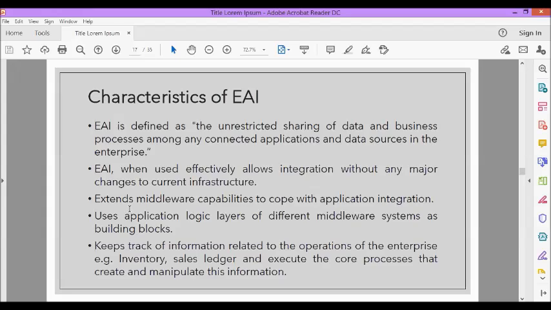It also extends middleware capabilities to cope with application integration. It uses application logic layers of different middleware systems as building blocks. It also keeps track of information related to the operations of the enterprise, for example, inventory and sales ledger, and executes the core processes that create and manipulate this information.